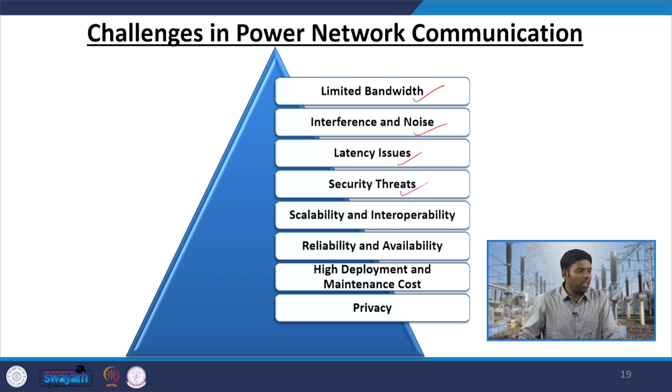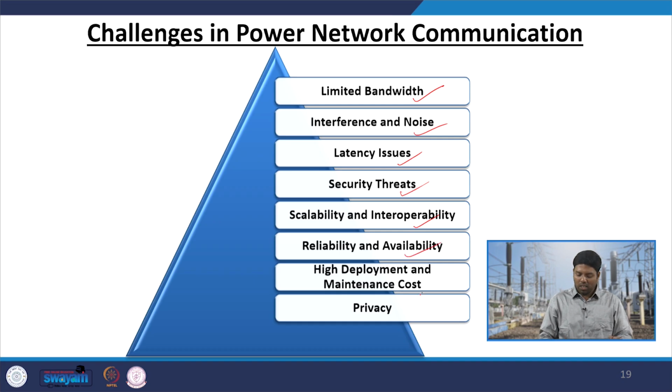Security threats like cyber threats, scalability and interoperability, because you are connecting multiple kinds of technologies together. So which one is good, that you do not know. And even if they are interoperable, that means your wireless medium data is seamlessly converted to wired data, is that possible or not? You always have to install different kinds of equipment that will do this seamless transition.